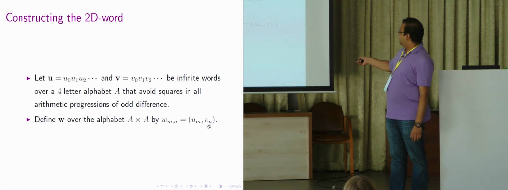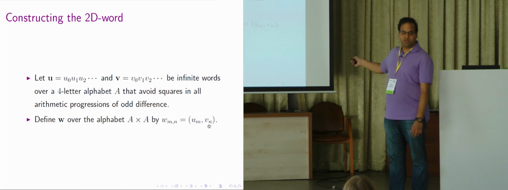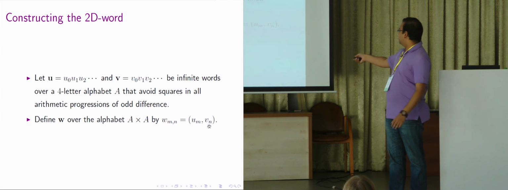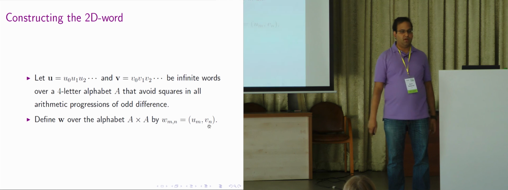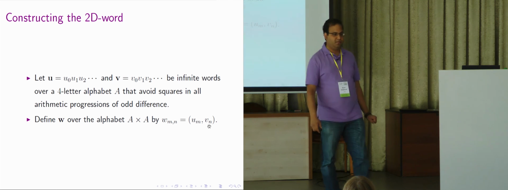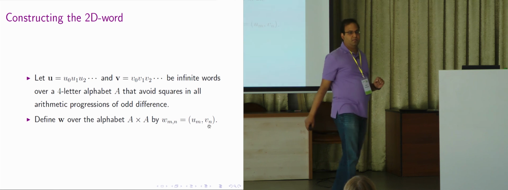You see, the letter in the position mn of the grid, I just take the mth letter of u and the nth letter of v, and I make that pair. That pair is one new letter, right? So that is the letter that goes in this position, right? So I make some Cartesian product of these two words, and I get this grid.